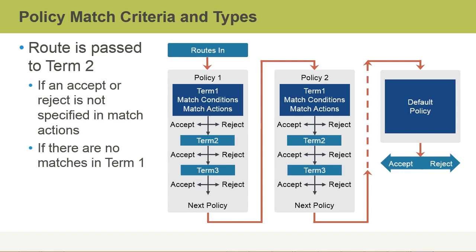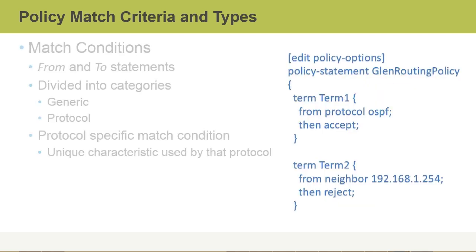Just as we talked about in the previous slide, if there is no match in term 1, so there is no corresponding action of accept or reject, then the routing information will pass into term 2 and a test will be performed from the conditions of term 2. Again, that only happens if there's no match from term 1.